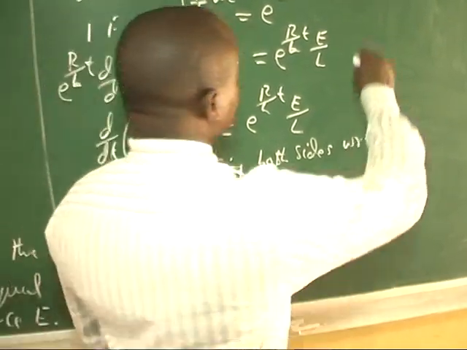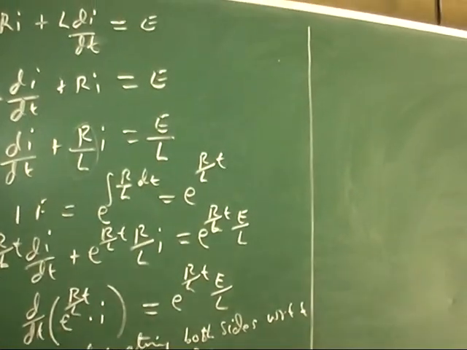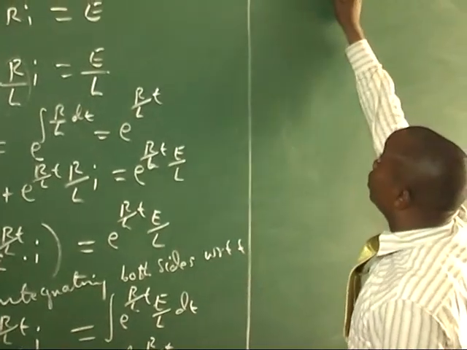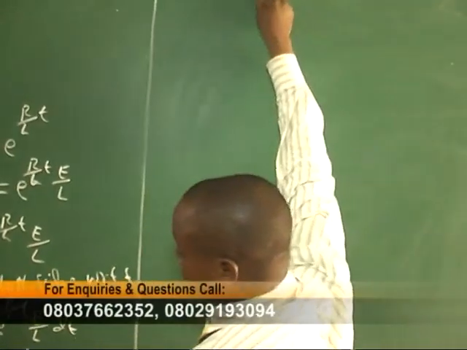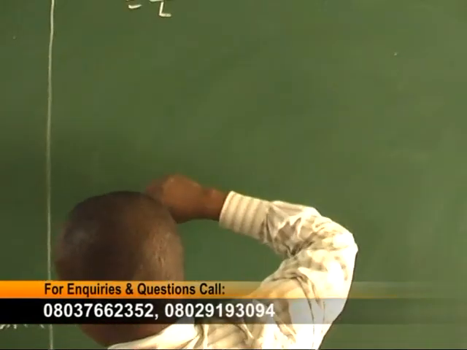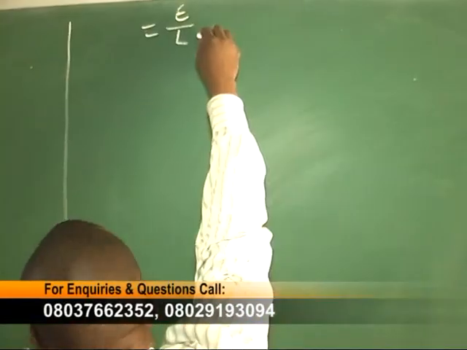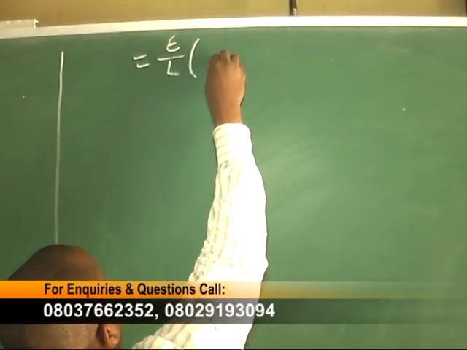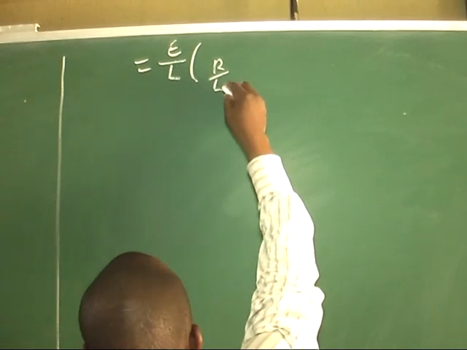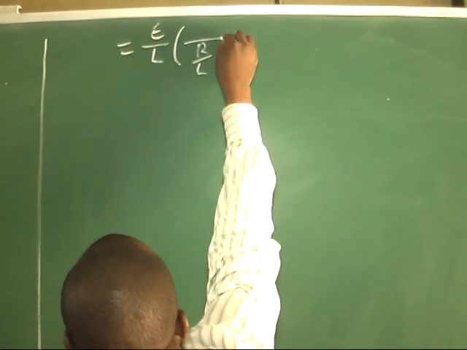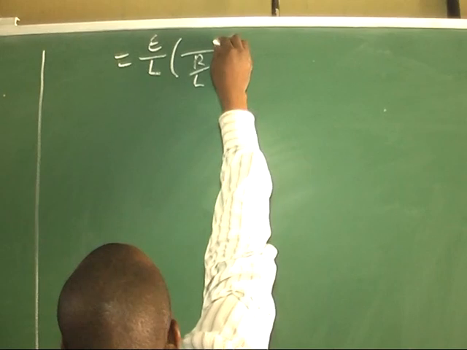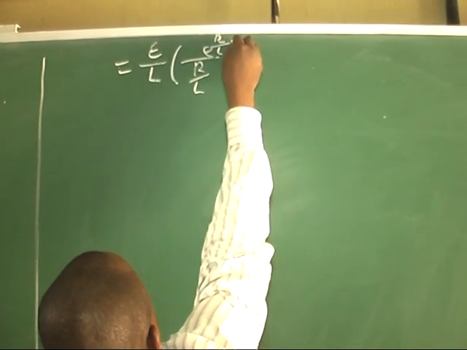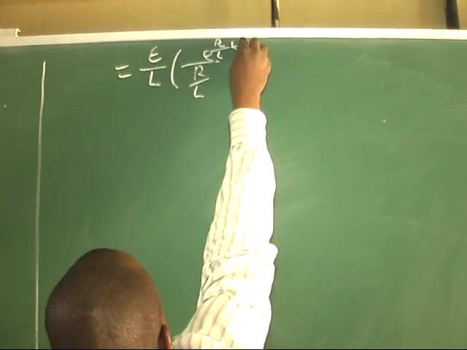So that means when we integrate here, definitely we will have E over L. When we integrate this, we have R over L, all over exponential R over L t. That's what we have.